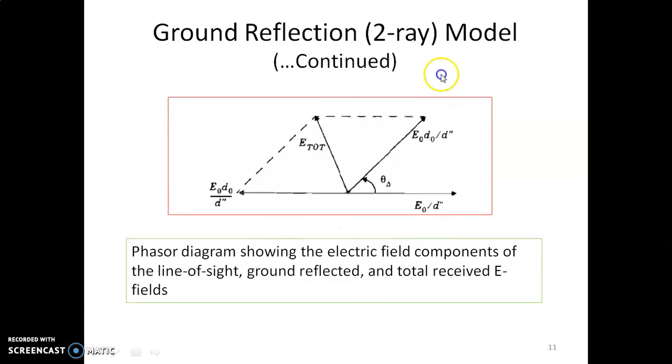So this is a phasor diagram of a ground reflection model. This is E naught d naught by d'', it has made an angle theta delta. This is E naught d naught by d''. So if you join these two things, you will get the resultant.